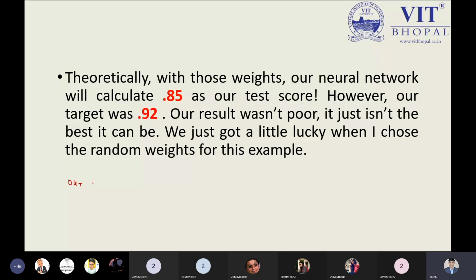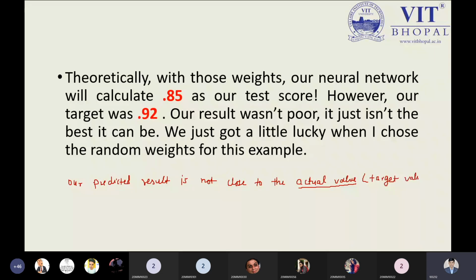Our predicted result is not close to the actual value, that is our target value.